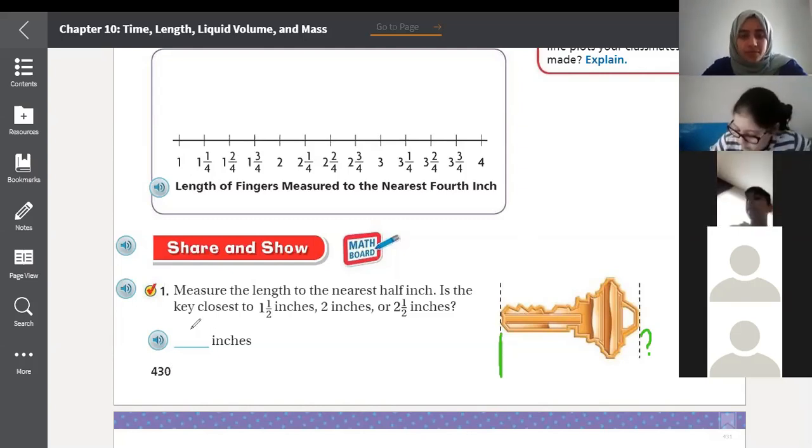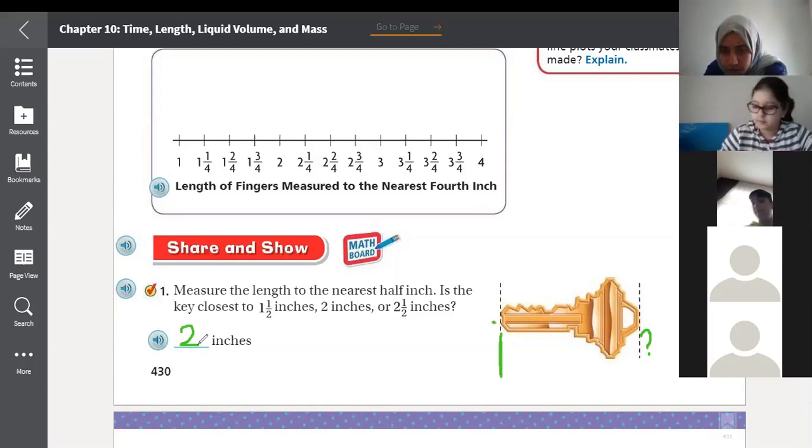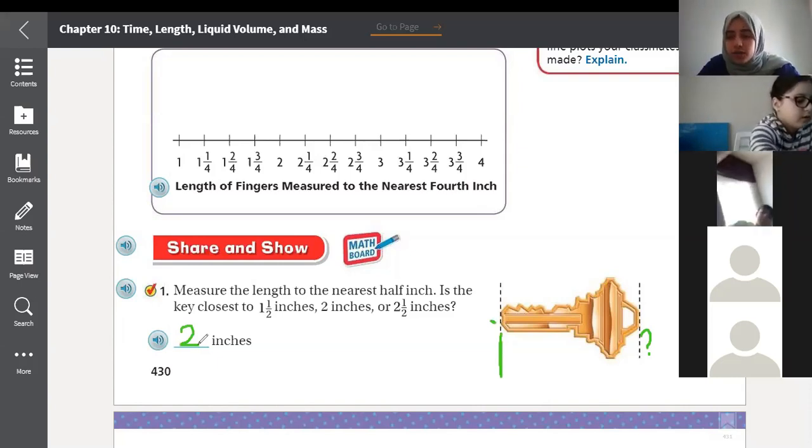Yes, it's 2. It's like 2½ or 2. Was it closer to 2? No, it's closest to 2½. Really? When I measured it, it was exactly at 2. Try again. Make sure you're using the inches side.